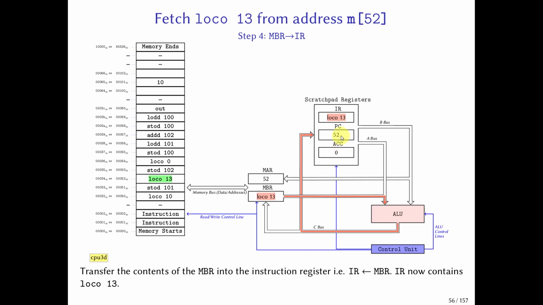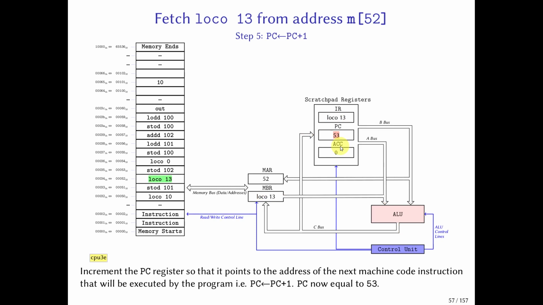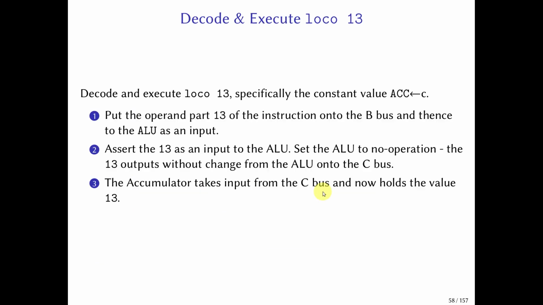The previously stored machine code instruction, which was stod 101, gets overwritten by loco 13, and then the final thing that the control unit does as part of the fetch is to increment the PC register from 52 to 53 so that it now points to the address of the next machine code instruction.